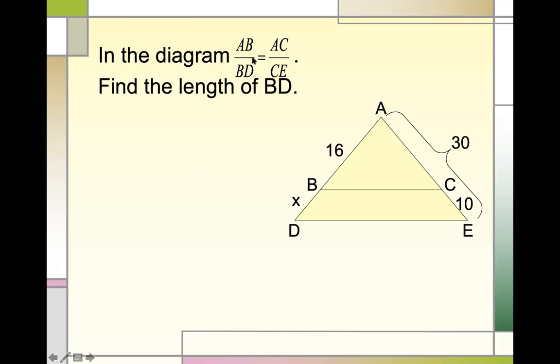So what we're going to do is just fill in these numbers that we have. AB we have 16, BD is X, CE is 10, and then AC is what? 30? What's AC?